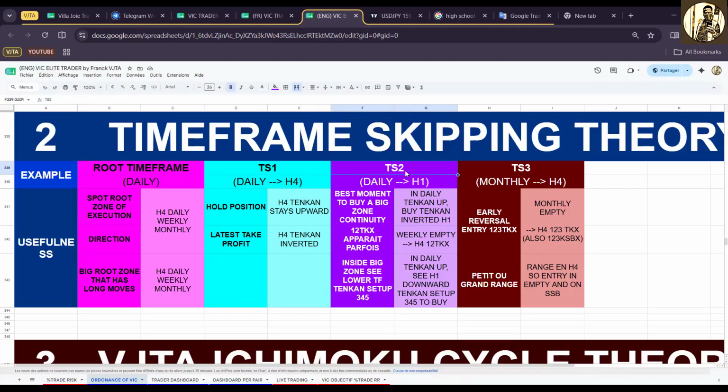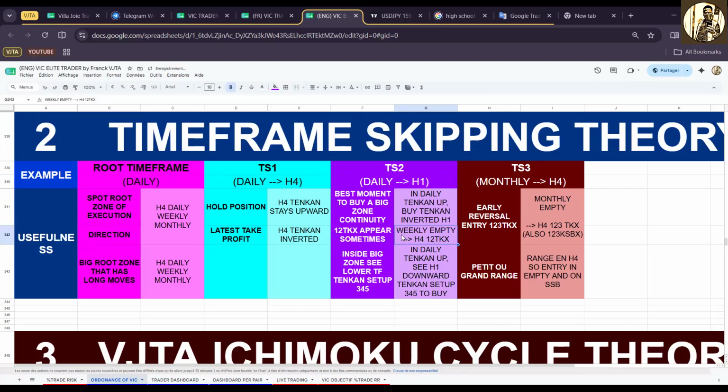But TS2 can also give you Tenkan 1-2 TK cross to the upside. So 1-2 TK cross appears sometimes on TS2. Let us say, for example, you take a weekly setup on the empty space, and you go on H4, you will see it.